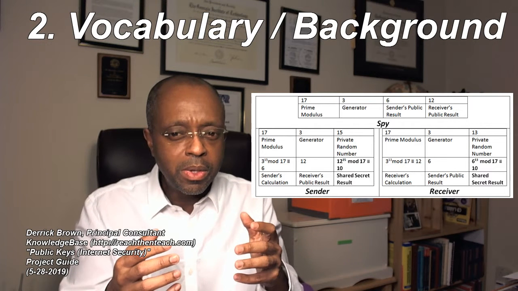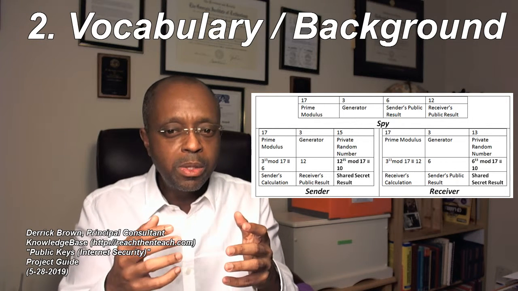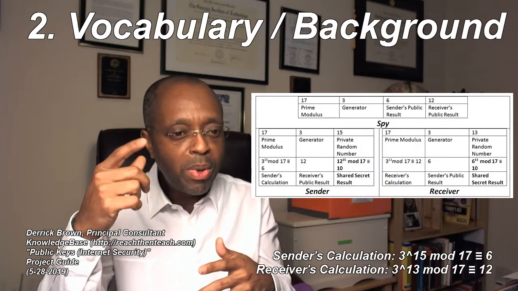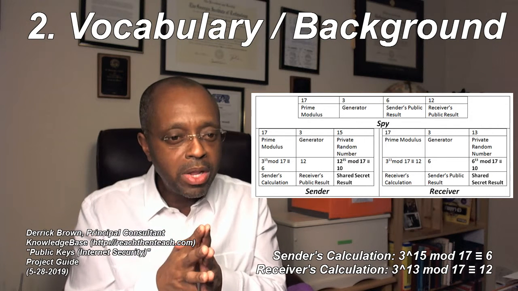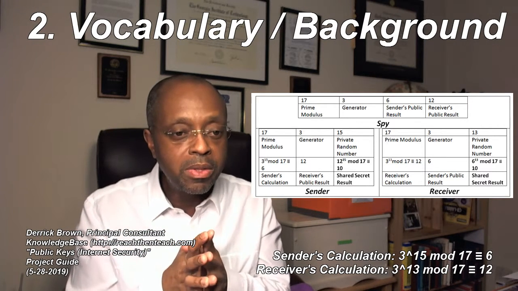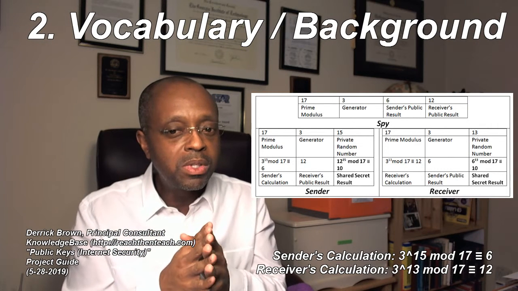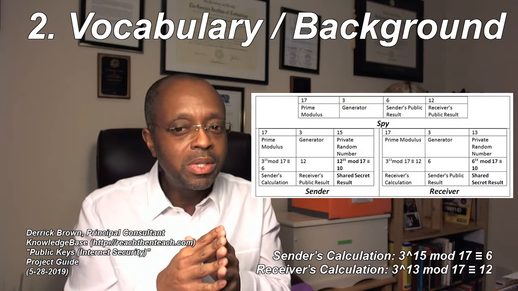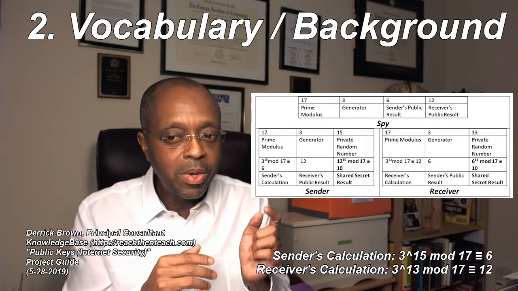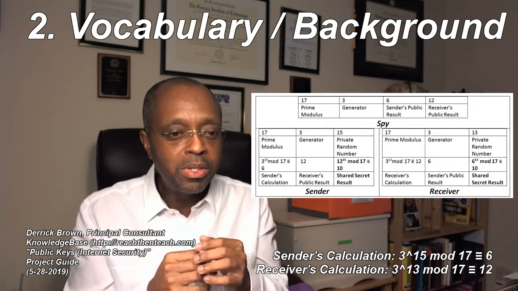The sender is going to calculate 3 raised to the power of their private random number, which is 15. They're going to do 3 to the 15th power modulo 17, which is 6. They're going to send that 6 to the receiver.